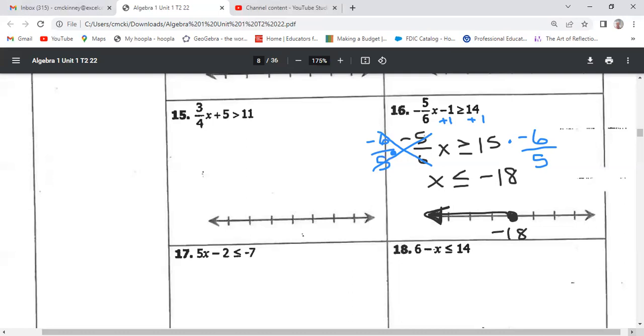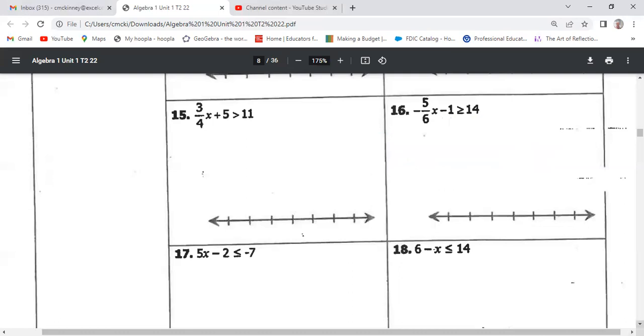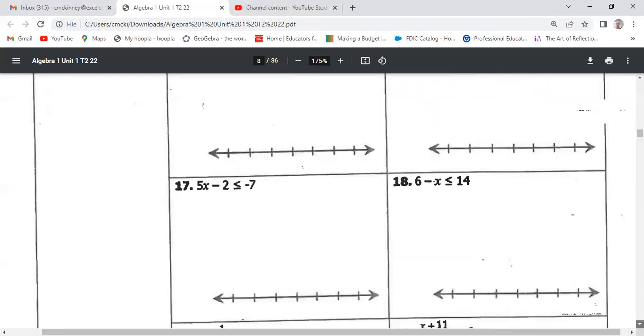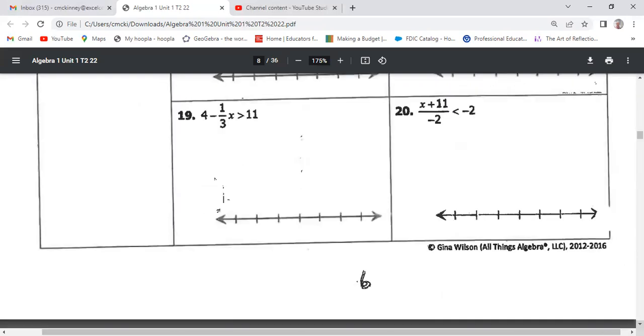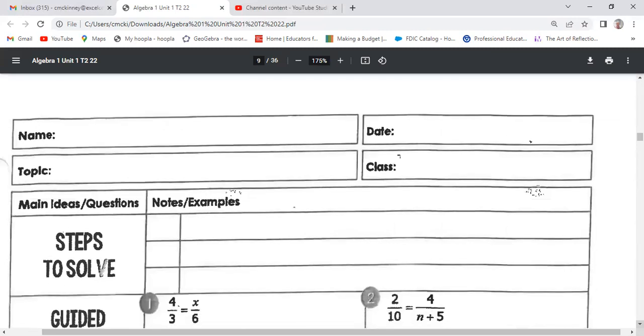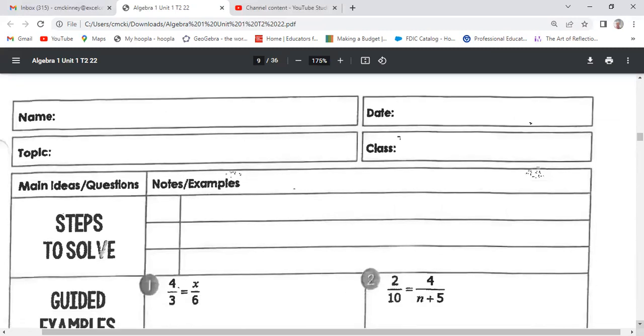All right, so that was just a brief review on inequalities, including that if you multiply or divide by negative, you will have to flip the sign. And then I did not give you a specific homework assignment on that.